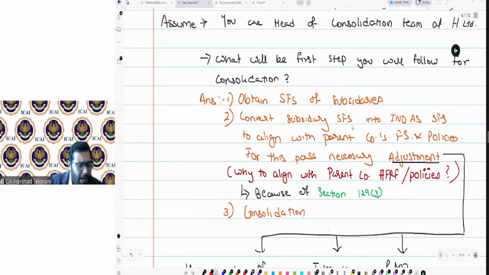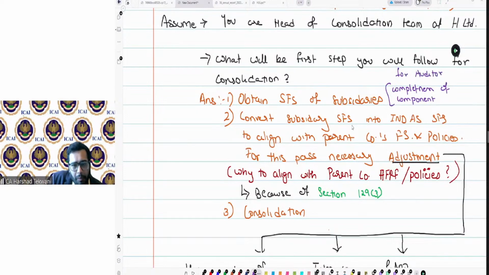So for the auditor, it will be completeness of component. Second, convert subsidiary FSs into India's GAAP or align with the parent company.